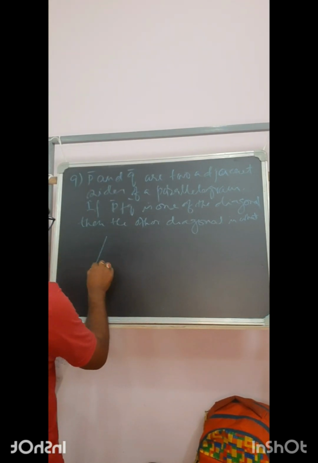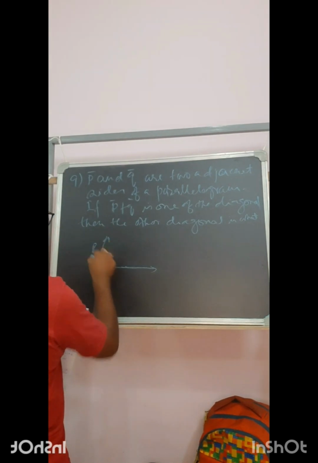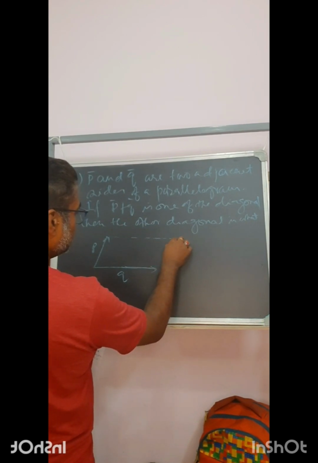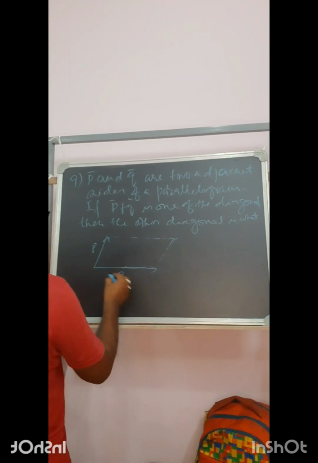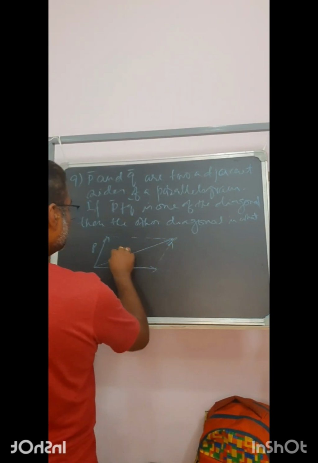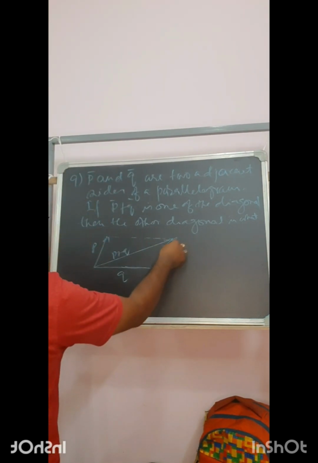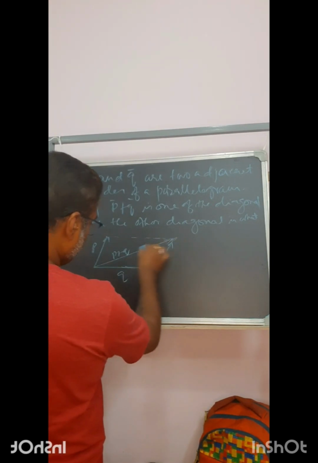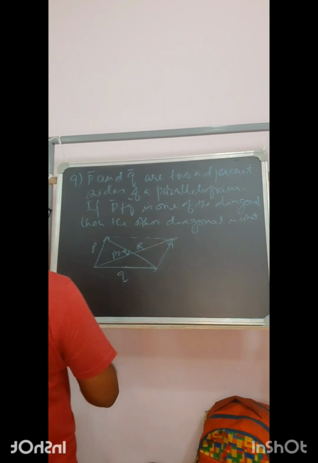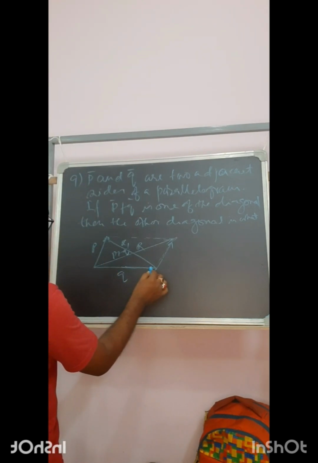So if I assume these are P and Q, and it is a parallelogram, these will be the two adjacent arms. The diagonal denotes P plus Q, because of parallel vectors; I am shifting into parallel, so I am not changing the direction. So Q plus P is equal to the resultant, say R1. So how will I get the other diagonal?